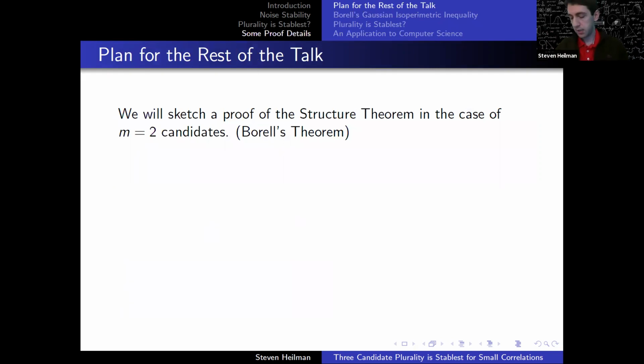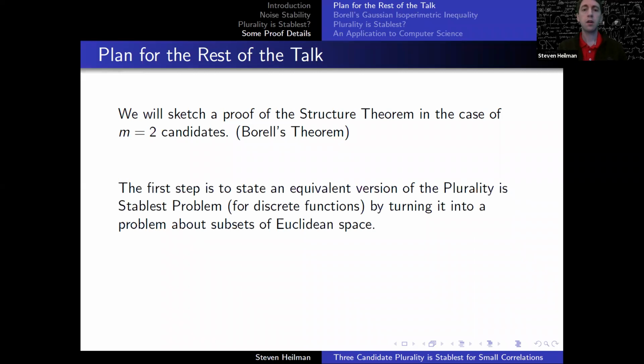Okay, so let's see, we're about 30 minutes in. So the plan for the rest of the talk is I just want to sketch a proof of this structure theorem for 2 candidates or 2 sets. So the first step, which I won't talk about too much, is this so-called invariance principle.